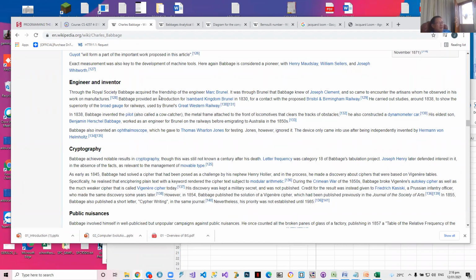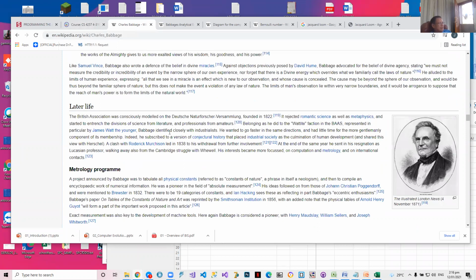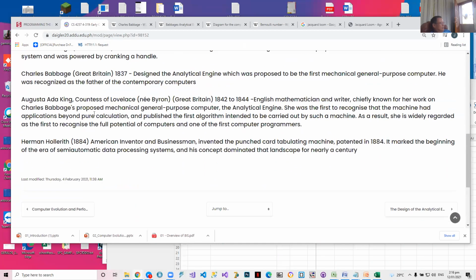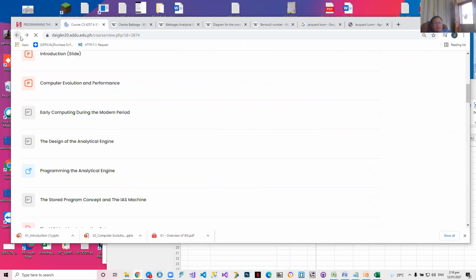However, during the night before World War II, 1935 to 1936, okay, 1936, this is the period of Alan Turing, and then John von Neumann, and then Mauchly and Eckert.